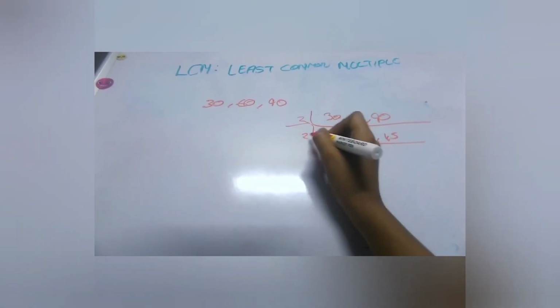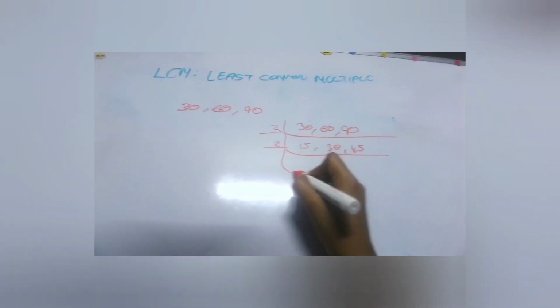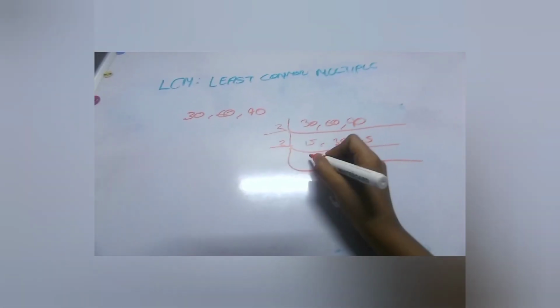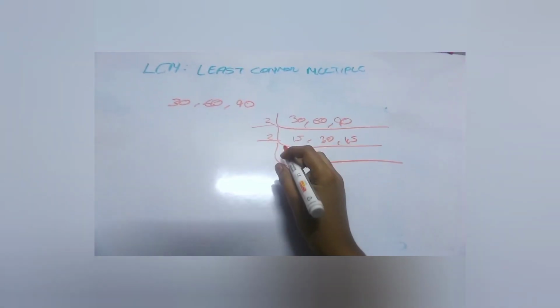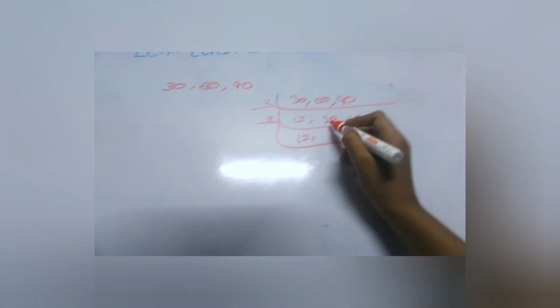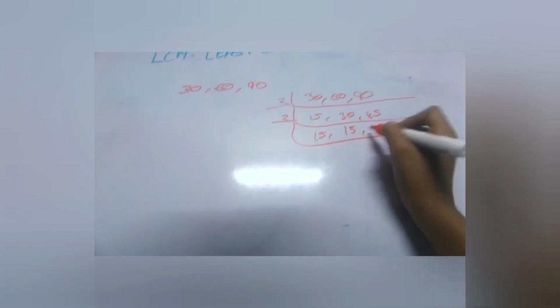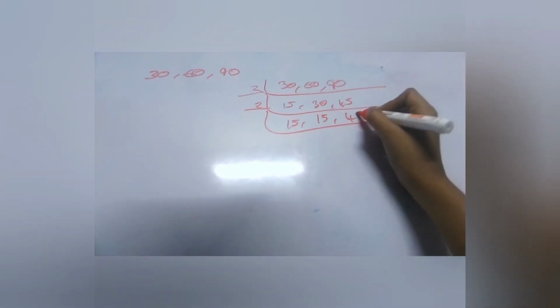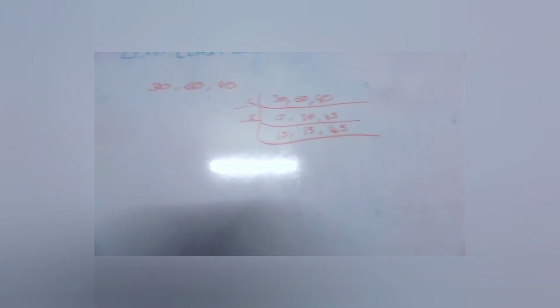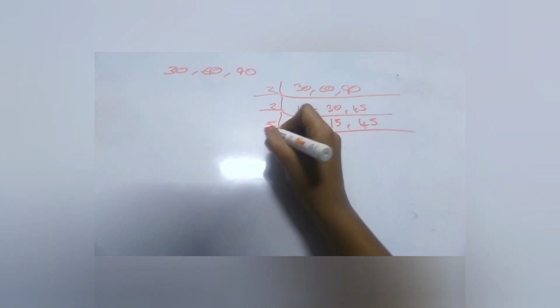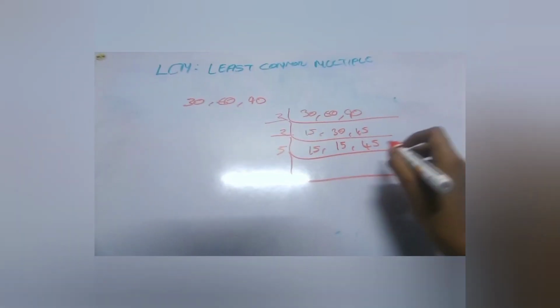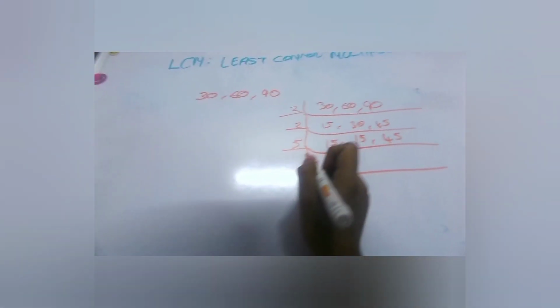I can divide this 30 by 2, but not these two, so still I'm taking 2 and leaving this 15 as it is, as 15 is not divisible by 2. 2 15s are 30, then 45, I just leave it there as 45 is not divisible by 2. Now I take 5, it is a prime number. All these three numbers are divisible by 5 here.